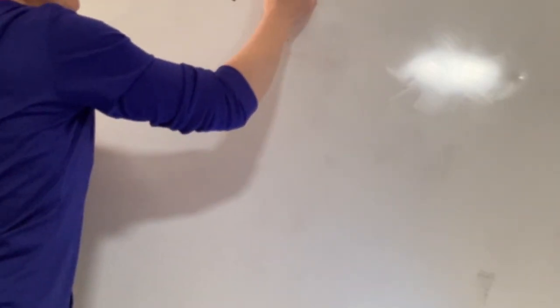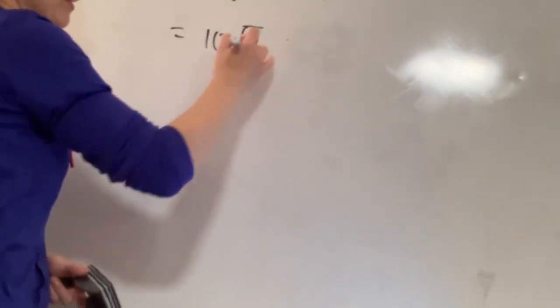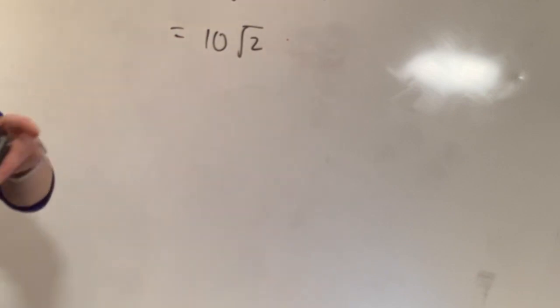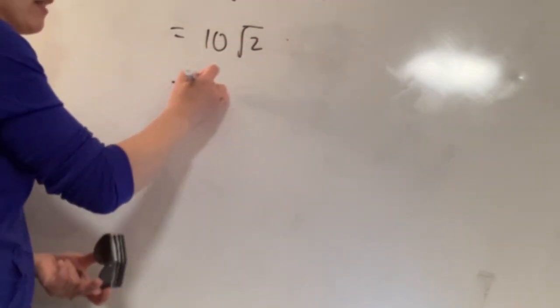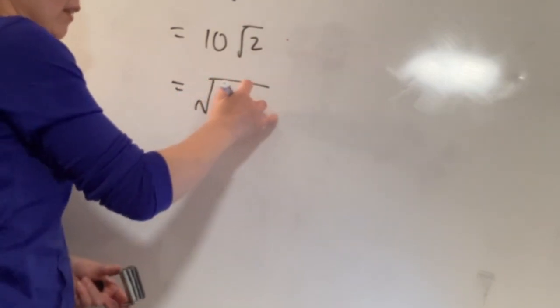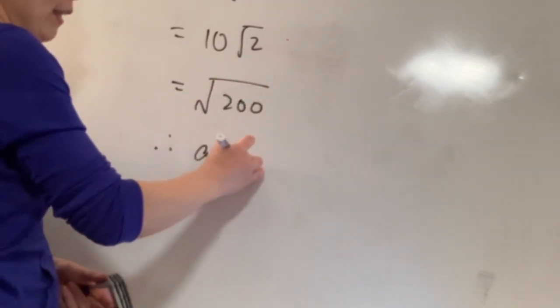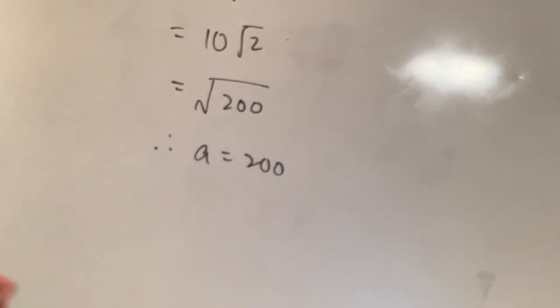You don't have to put it in the calculator. And 72 is 6 root 2. Add it up, 10 root 2. But my answer is going to be root A, so bring the 10 in. That means 200. So your A is equal to 200.